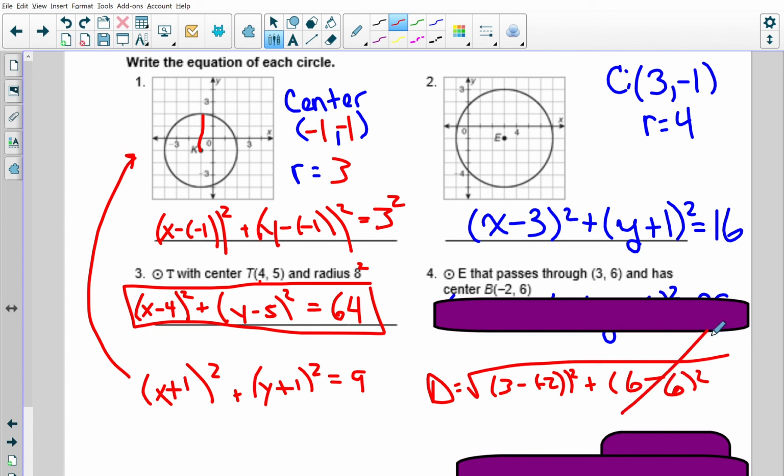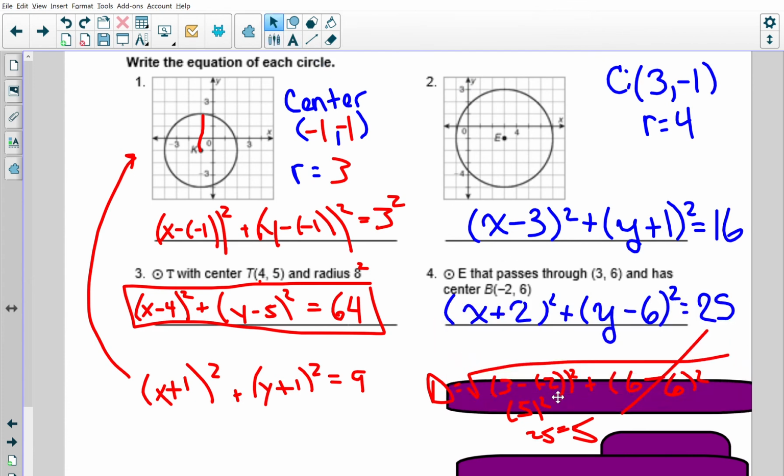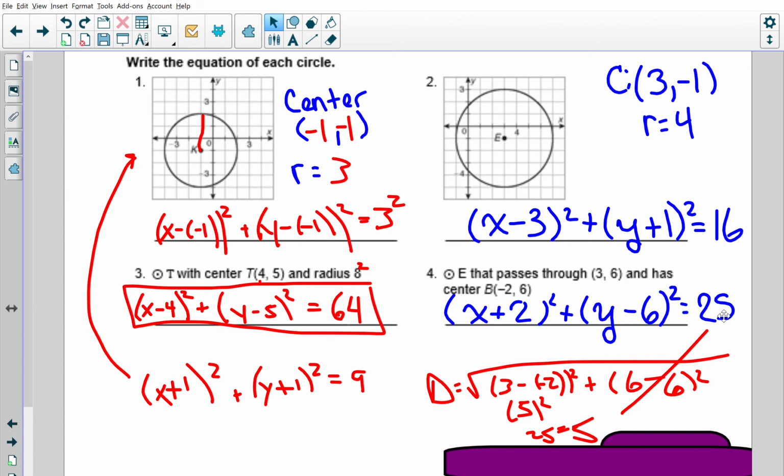Well, that's 0. This is 3 plus 2, which is 5 squared, which is 25, which is equal to 5. So we know the radius is 5, which leads to our end of our equation being 25. And here the center is -2, so this becomes a +2, and 6. That's how you should do that.